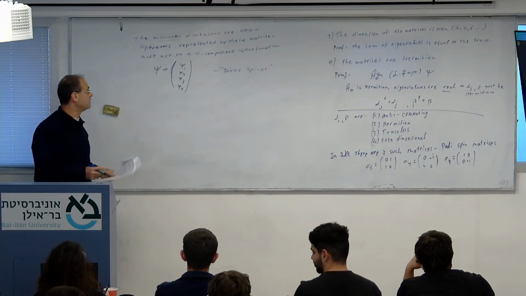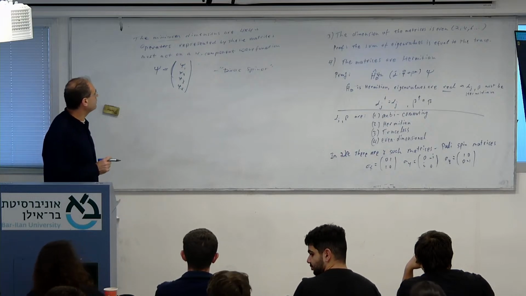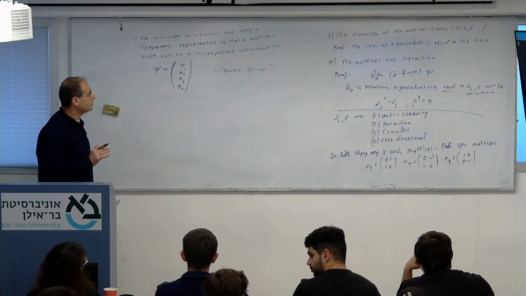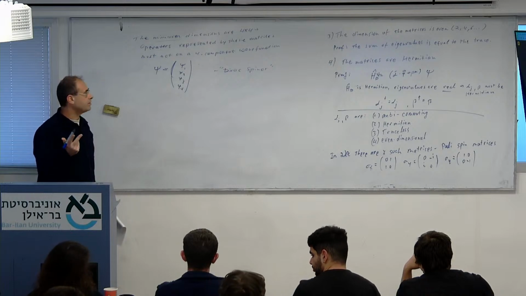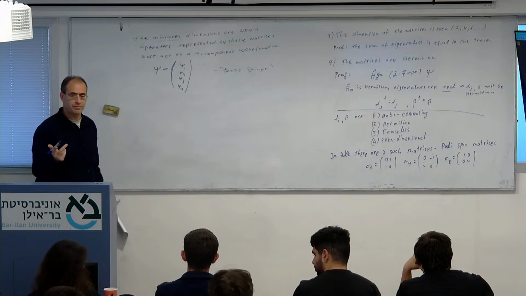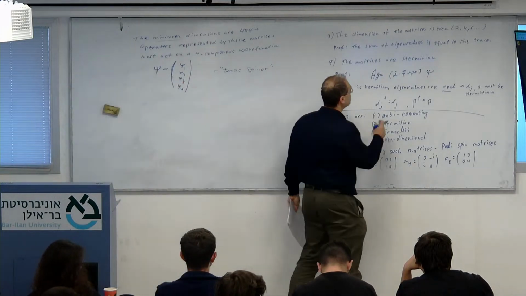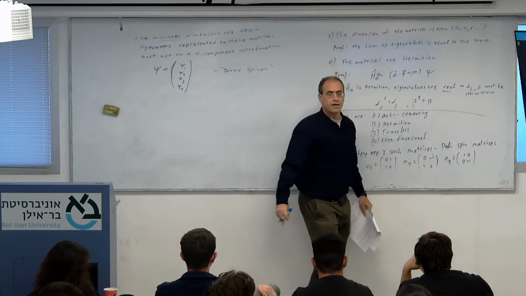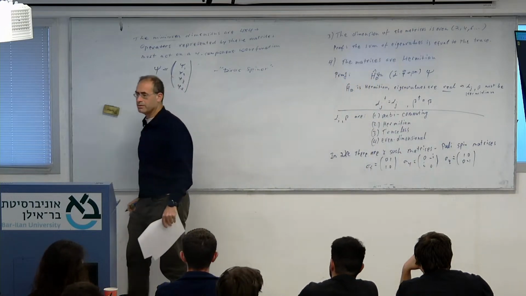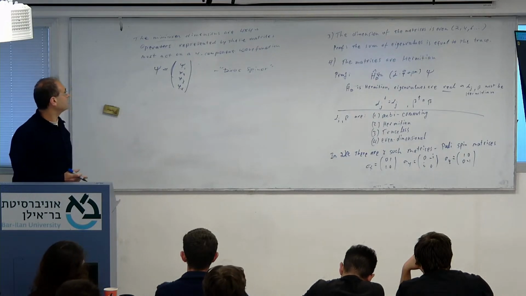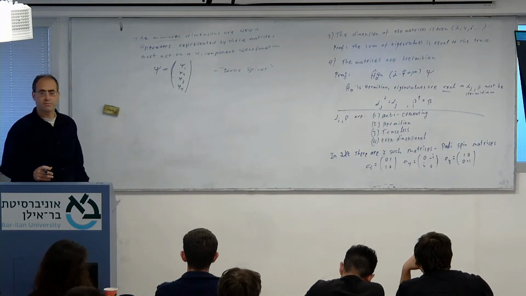So, the conclusion from what we're doing so far, right? What did we want? We had 2 demands. We wanted an equation which will be first order, only one derivative, and we wanted an equation which will be consistent with the Einstein relation, E squared equals p squared plus m squared.